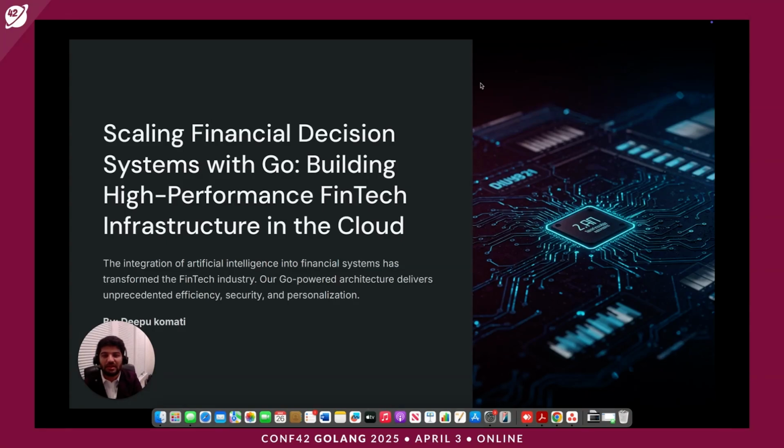In today's session, I will walk you through how we process millions of transactions daily using Go powered microservices, leveraging AI and machine learning to predict risk, detect fraud, and optimize financial decisions, build secure, scalable APIs that allow seamless integration across banks, digital wallets and financial applications, and reduce infrastructure cost by 40% while simultaneously increasing speed and security. Does it sound exciting?